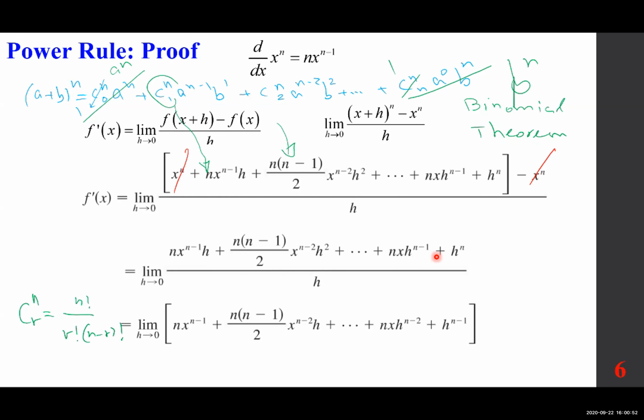This one, h to the power of n minus 1 becomes n minus 2. This becomes the power of n minus 1. All of them have h. All of them go to 0 with the exception of the first one. And that's the answer, believe it or not. I hope you realize what we are doing here. It's pretty straightforward and it's very simple, class.